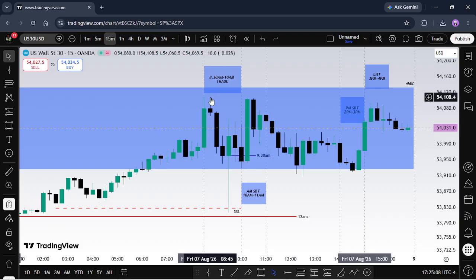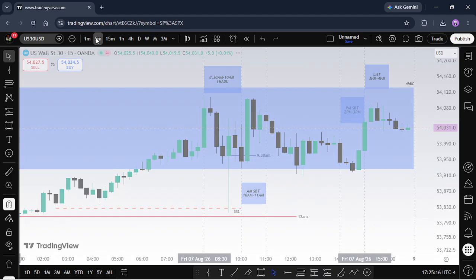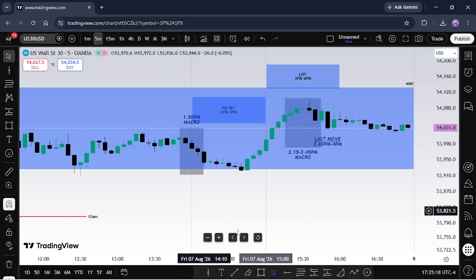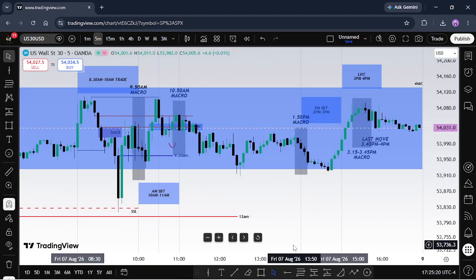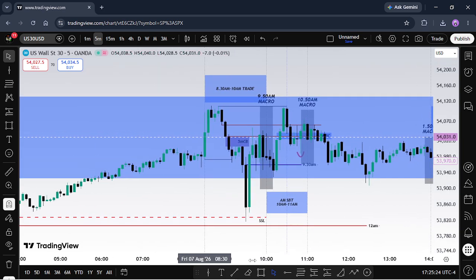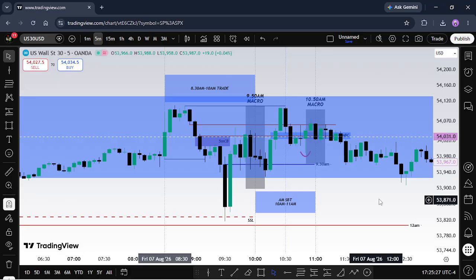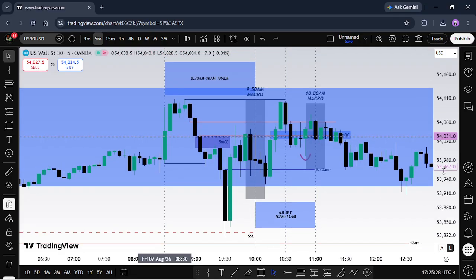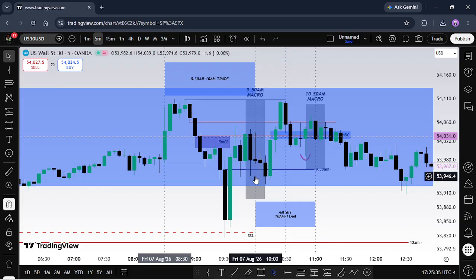Then I believe the target was here after this 9:30. The target was here. Then price started moving towards our direction. Took the trade somewhere here.